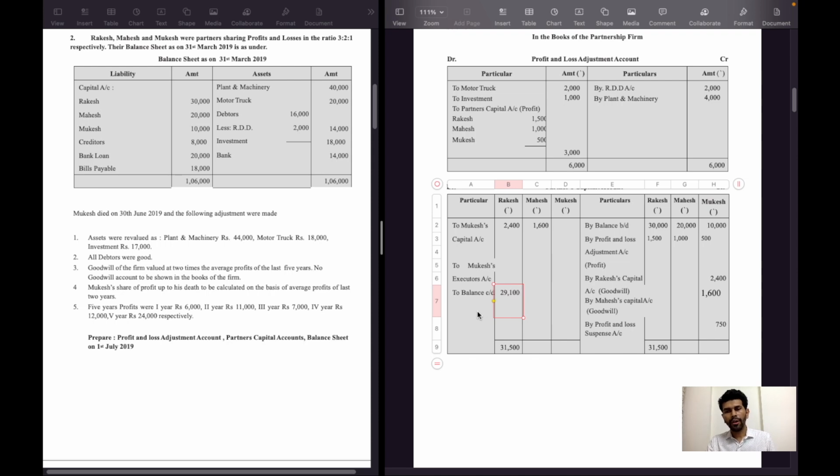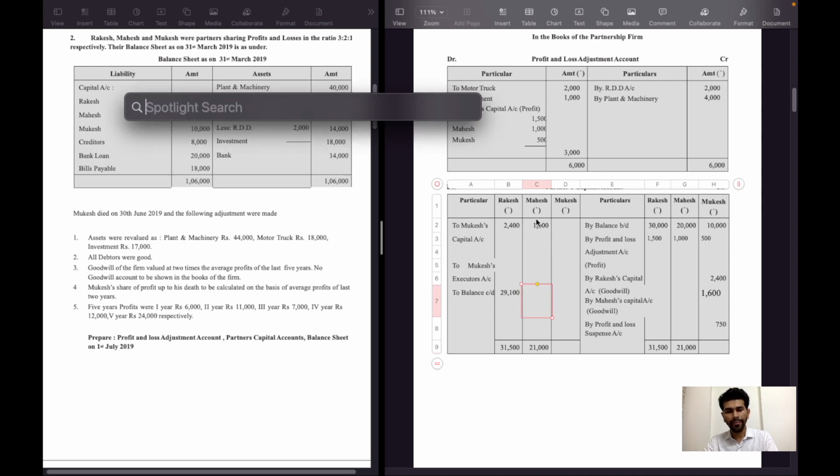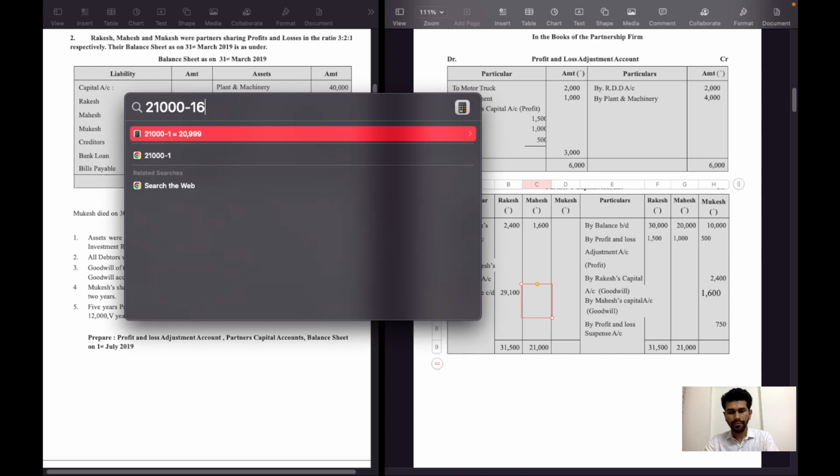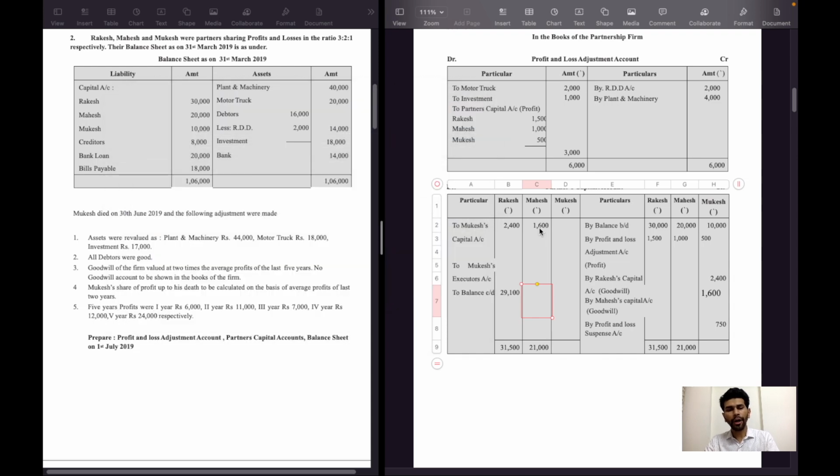It will be the closing balance, to balance carried down. Similarly, we will calculate for Mahesh capital account. Total is 21,000 rupees. It will be shifted to debit side. 21,000 minus 1,600, 19,400.